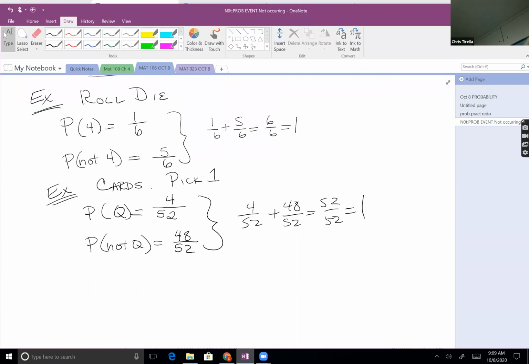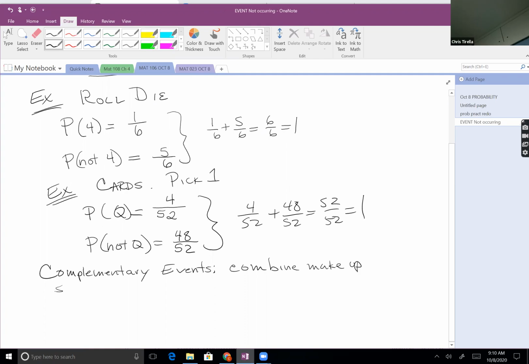And those are considered complementary events. Combined, they make up the entire sample space, but they have nothing in common.